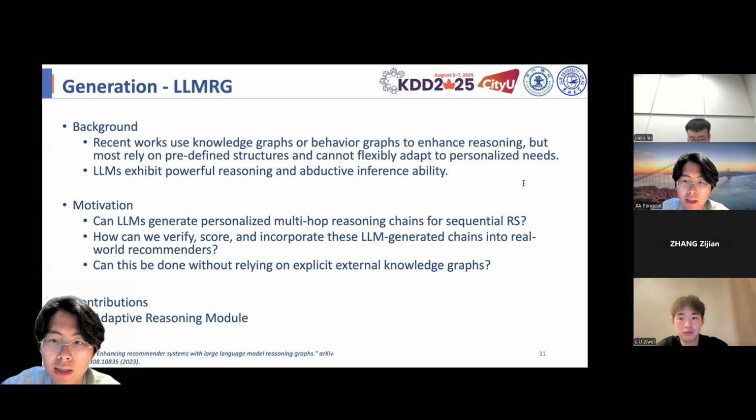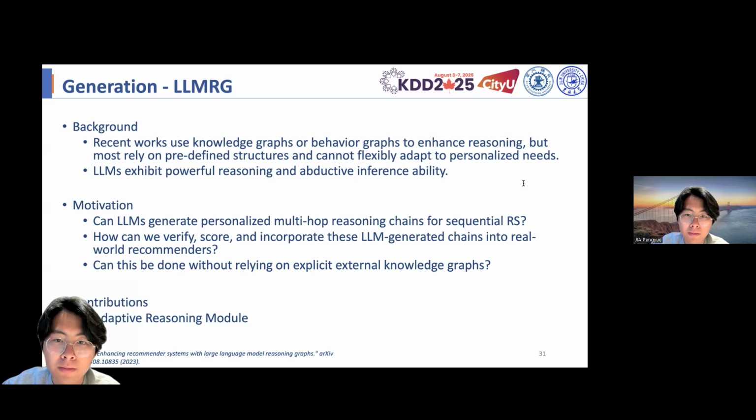Instead of relying on explicit external knowledge, LLMRG generates multi-hop reasoning chains using only user interactions and attribute information. The core idea is to let an LLM act as a dynamic reasoning engine. It first builds candidate reasoning chains, then verifies and scores them using a self-checking process, and finally expands them to improve coverage and robustness.